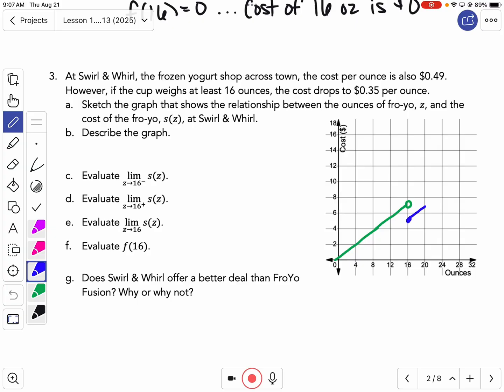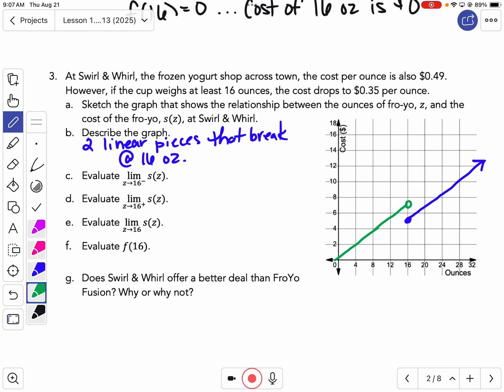And then it continues to grow in that same manner. Okay, so we've got two linear pieces this time that break at 16 ounces. Okay, so I've got a piecewise function there again. All right, two pieces that break at 16 ounces. What would be my limit as we approach from the left side?